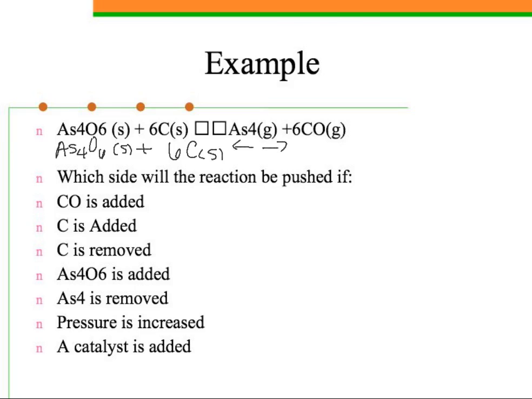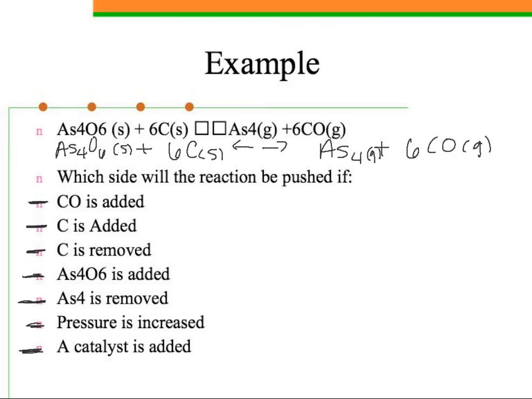Here's our reversible reaction going to As4, a gas, plus 6 carbon monoxide gas molecules. Try out these different simulations. Which way is the reaction pushed when each of these happen? Pause the video now, try it out, and then come back for the answers.